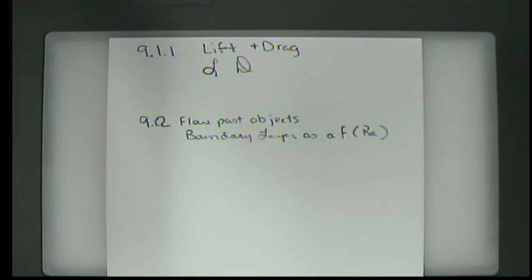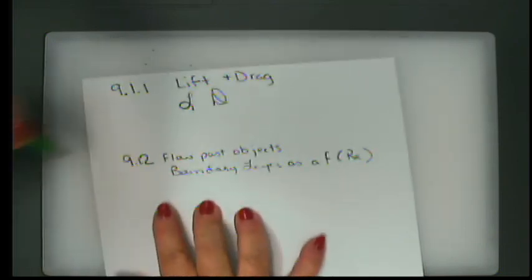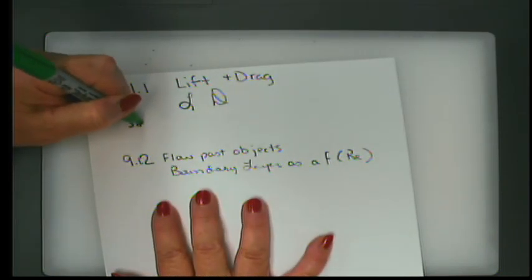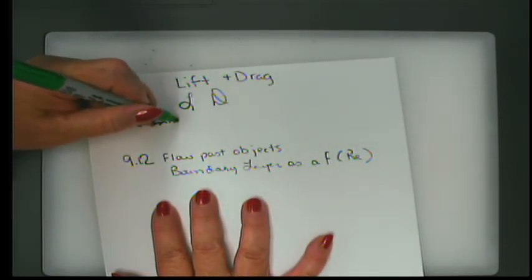So in your textbook, one of the things that your authors do that I think is very good is they talk about the fact that streamlining is something that reduces the idea of drag. And drag is just like it sounds.